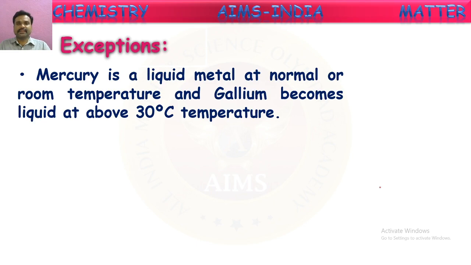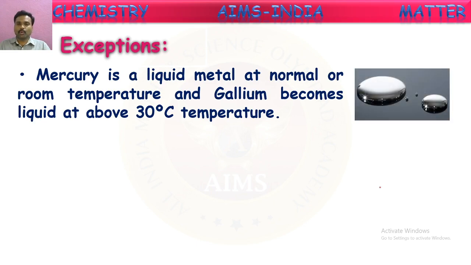Mercury is a liquid metal at normal or room temperature, and gallium becomes liquid above 30 degrees Celsius. Actually, all the metals are solids at room temperature, but mercury is the only metal which exists in the liquid state at room temperature. Room temperature generally means 25 degrees Celsius. At this temperature, only mercury will be in the liquid state.